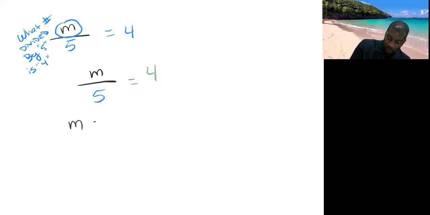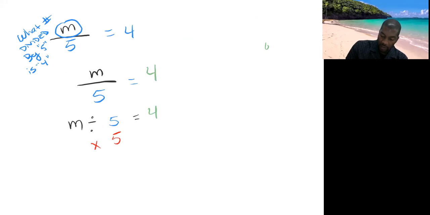What number m divided by 5 is equal to 4? Well, now it becomes a simple issue, right? Now I see that it's just divided by 5, so on one side. So all I really need to do is multiply by 5 on this side. What I do to one side, I must do to the other.